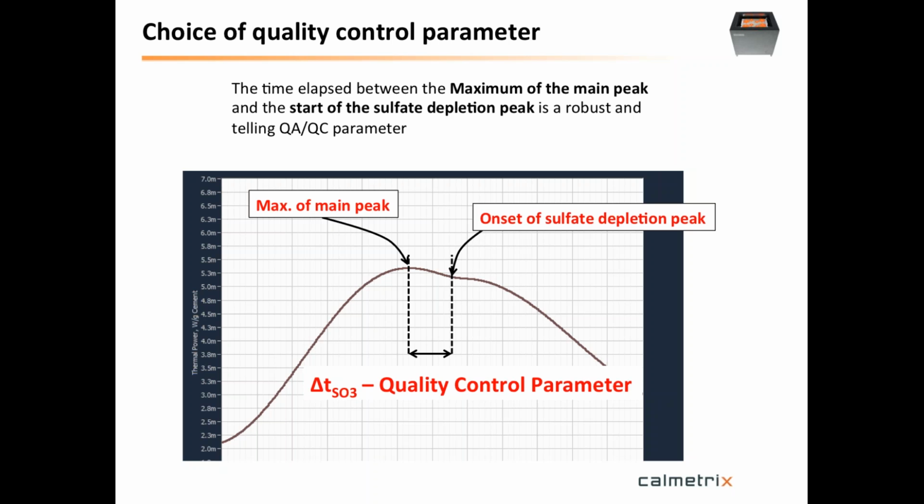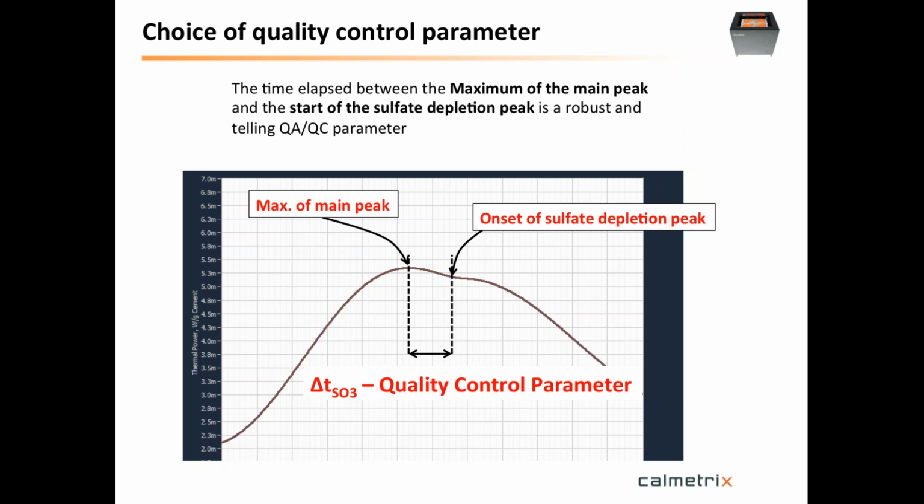If you could find, for your cement, for your market, with the SO3 level that you choose, the time that corresponds to the optimum SO3 level between the maximum of the main peak and the onset of the sulfate depletion, then you say, well, as long as I'm around this exact time, every time I crank out my cement and it comes out of the mill, I'm good. So you probably want to take a grab sample every so often and then see how you stand on this quality control parameter, and we call it delta T SO3, as you see there on the bottom of the graph.